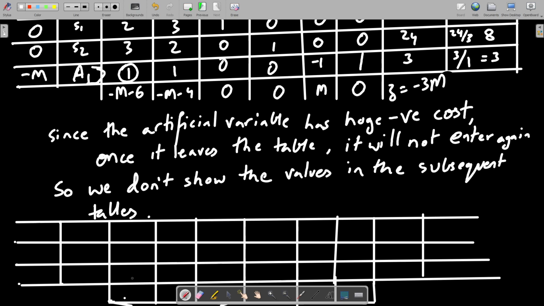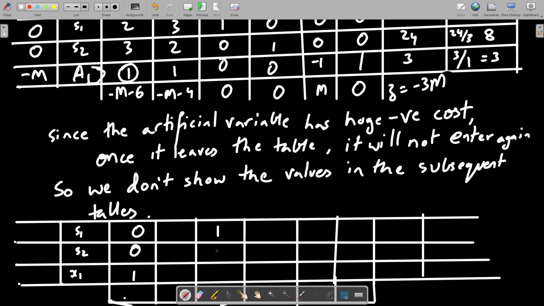Okay. So let me try to do this anyhow here. The incoming variable is x1, s1, s2. So I'm going to get 0, 0, 1 here.